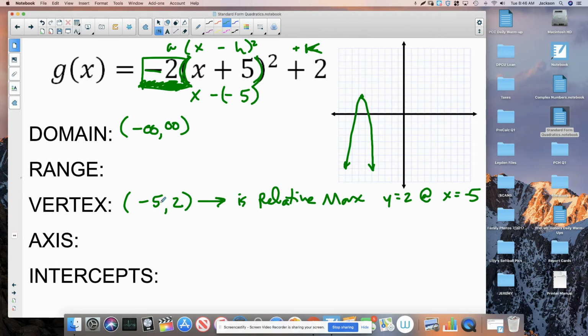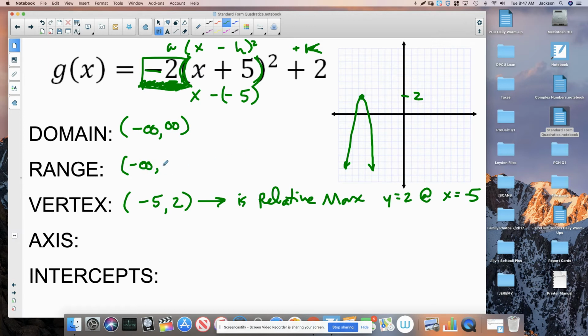But the vertex plays a big part in the range. So if this vertex is at negative 5, 2, which is here, and it's opening down, this is a value of 2. Remember that when we do the range, we always want to start at the lowest point. Well, a parabola that opens down, its lowest point is negative infinity. And then we're supposed to trace this until we get to its highest point. Its highest point is going to be the y coordinate of its vertex.